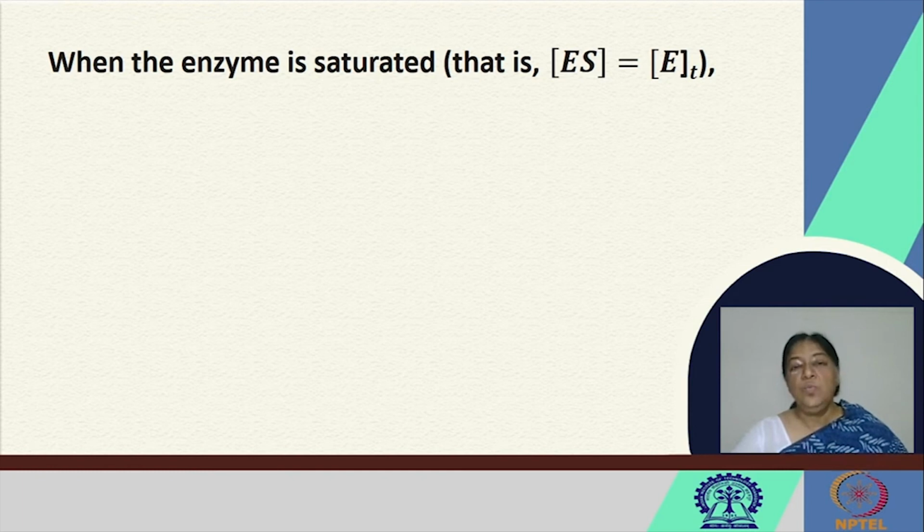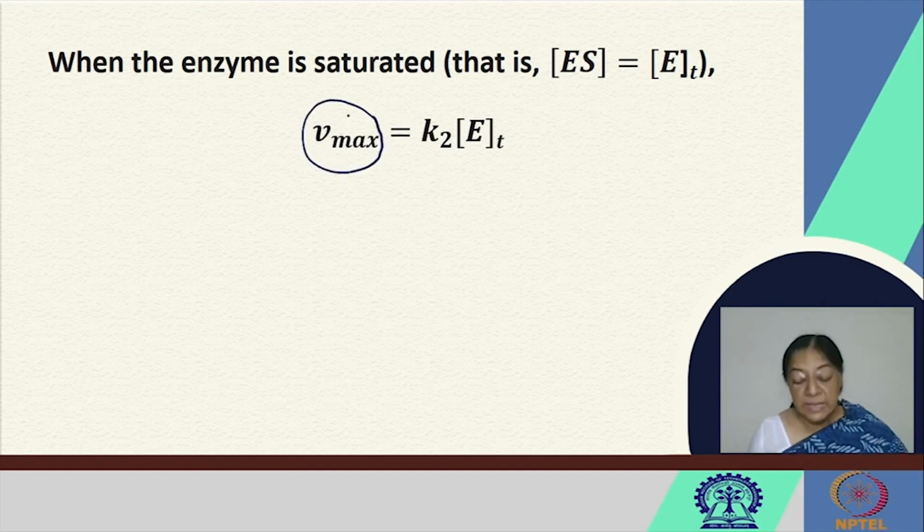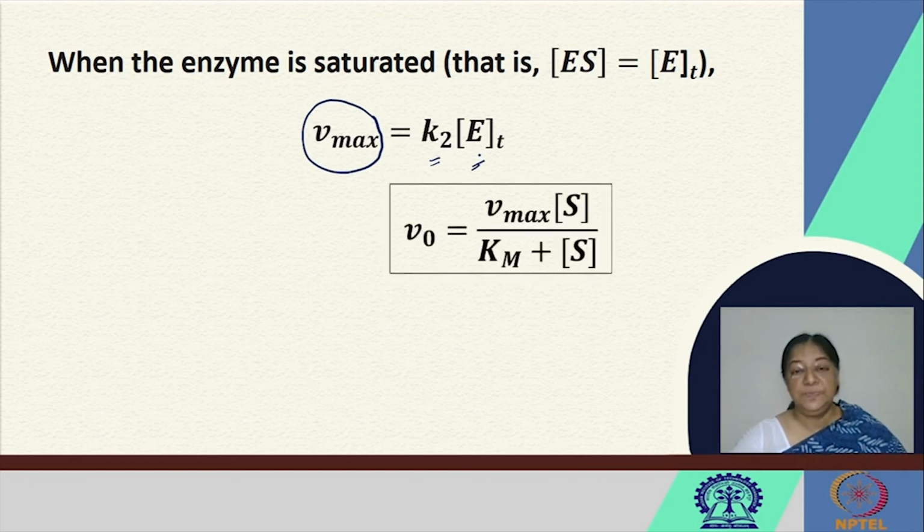Now, we can work out specific possibilities. If we say that the enzyme substrate complex concentration is equal to the total enzyme concentration, this means that the enzyme is saturated, which means that we have reached the maximum velocity possible, that is k2 times the total enzyme concentration, considering that the reaction is to completion.